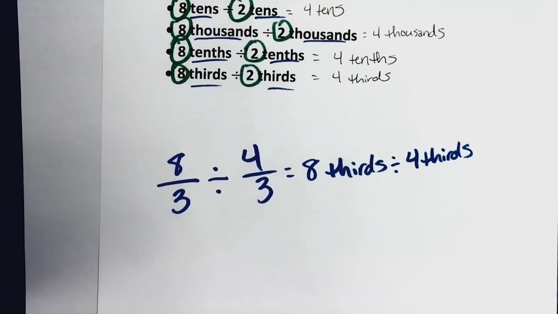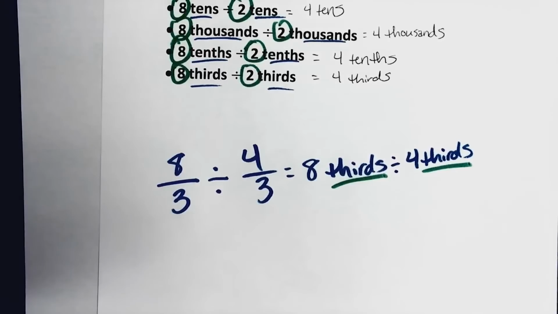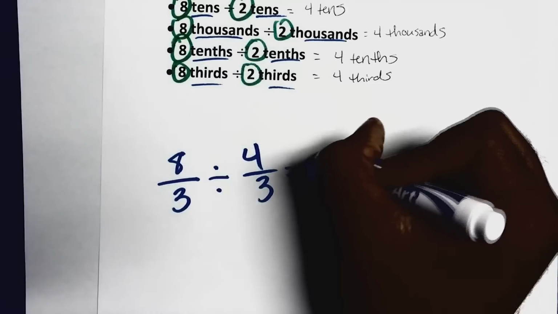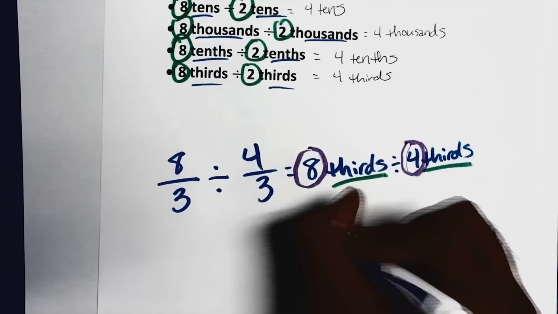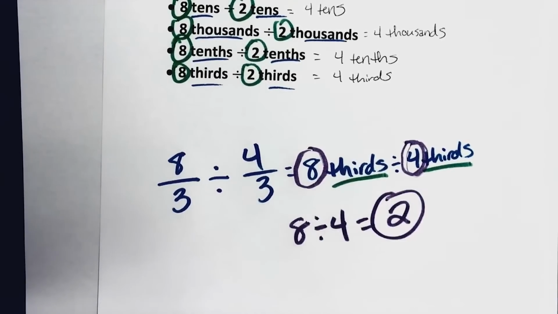So again, my units for this problem is thirds, which will represent my denominator. So now I can take my numerators, 8 divided by 4, which will just give me 2 as a quotient.